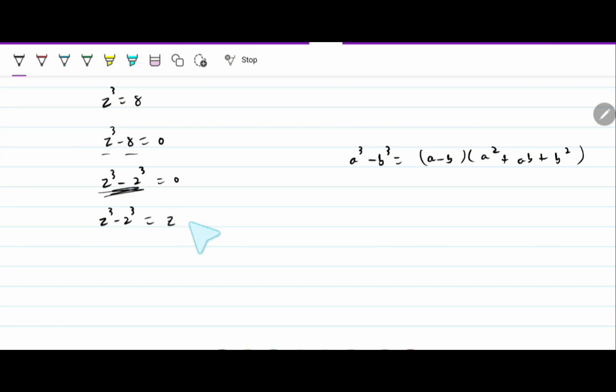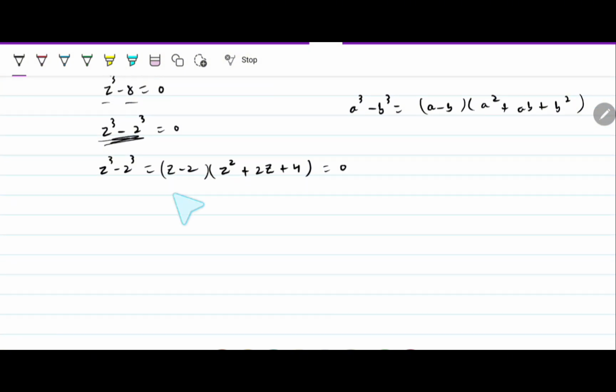I'm just going to put this little thing in for the z so you don't mix up. Z minus 2 times z squared plus a times b, which is z times 2. So I have 2z plus b squared. The b is the 2, right? So I have 2 squared, which is 4. Now this is equal to 0.